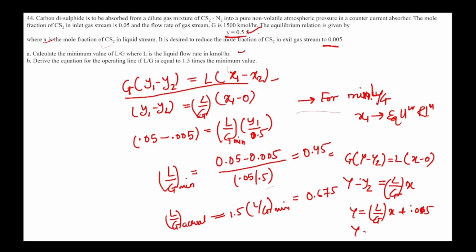So y is equal to 0.675 x plus 0.005. So this is the final equation. The equation of the final operating line is y equals 0.675 x plus 0.005.